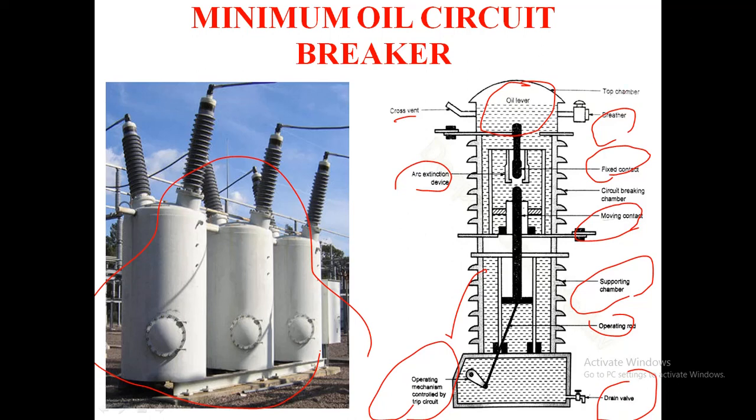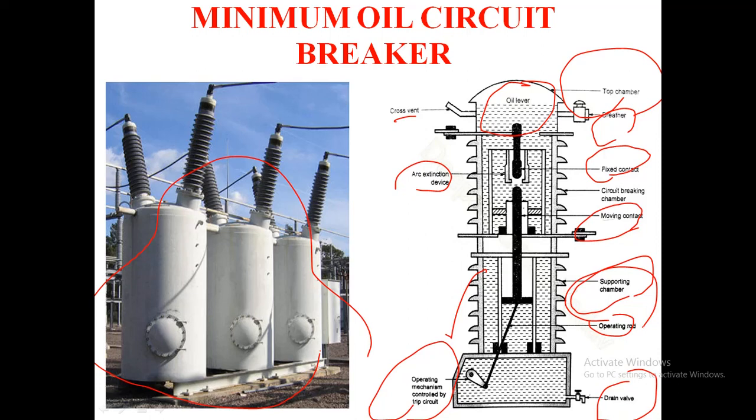These are separated by a partition, and the oil from both is prevented from mixing with each other. This arrangement has the best advantages: it requires a small amount of oil, and the amount of oil can be replaced as the oil in the supporting chamber.